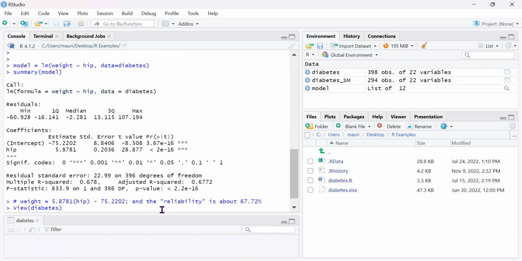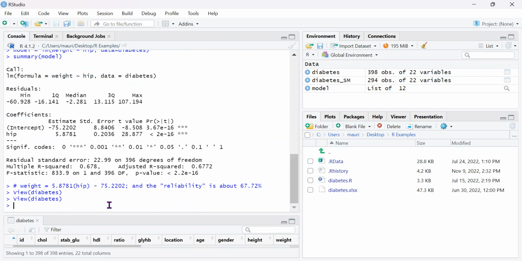What do I mean by simple linear regression?